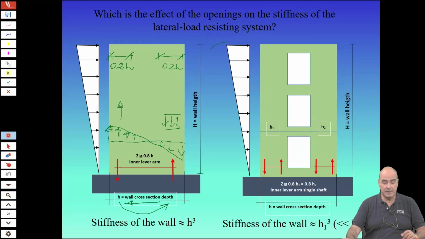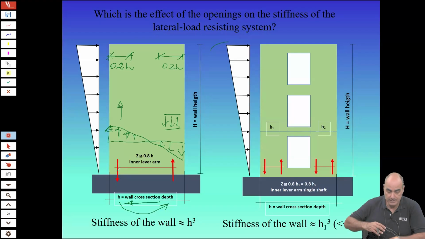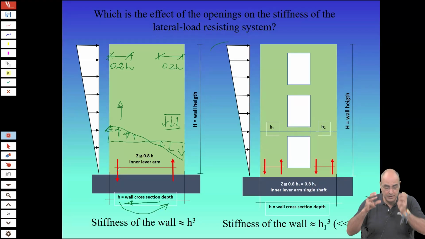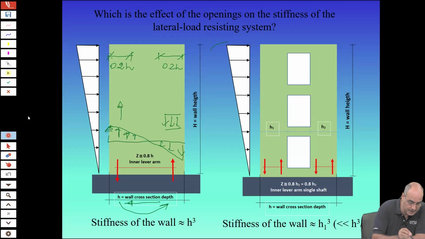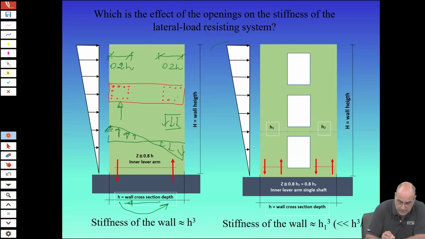As a matter of fact, if you look at typical reinforcement detailing for these kinds of walls, you see that this is the cross section, and you have the reinforcement likely concentrated here and here. I'm drawing examples.